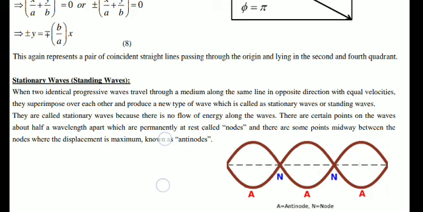So a stationary wave is characterized by nodes and antinodes. There are many nodes and many antinodes in a stationary wave, and at all other points, if you leave the nodes and antinodes, particles will be vibrating with different amplitudes.